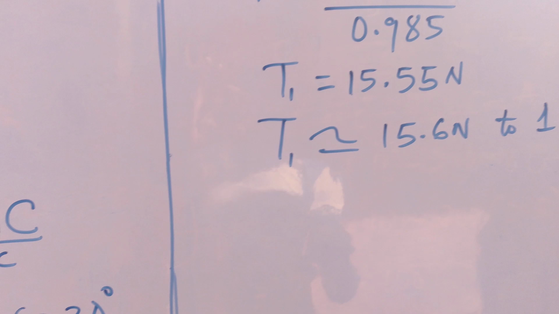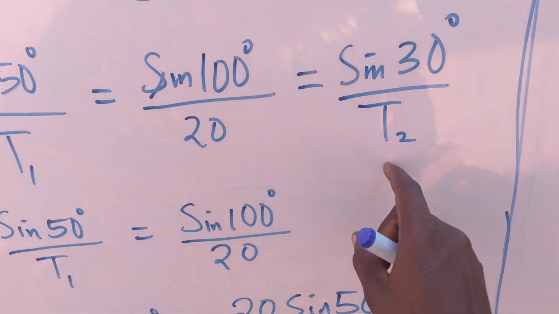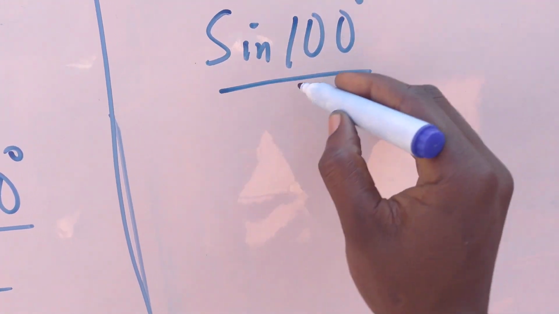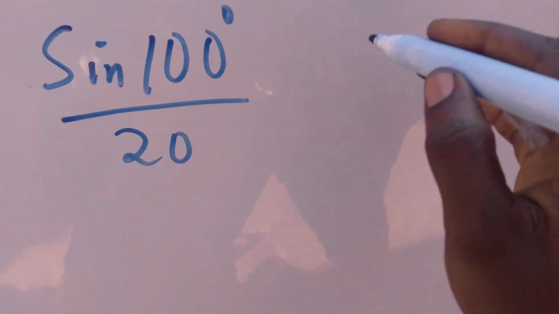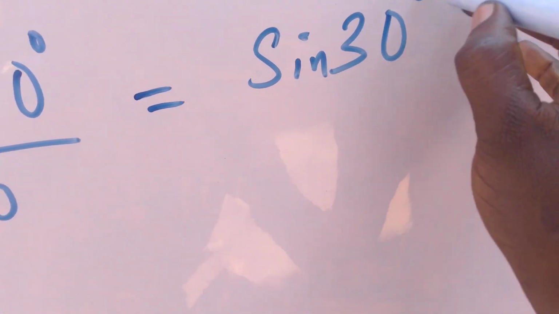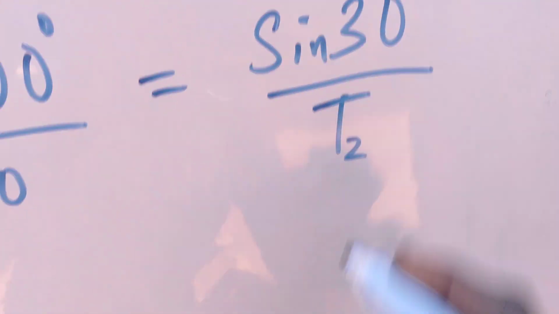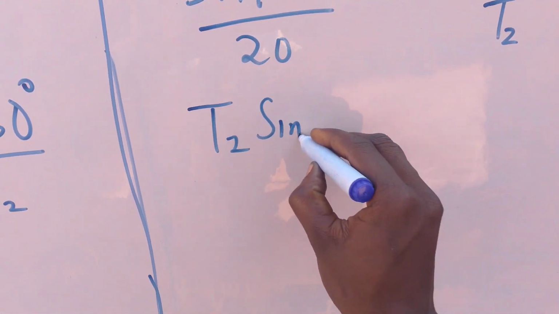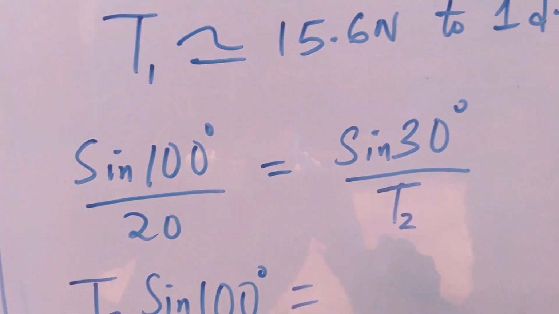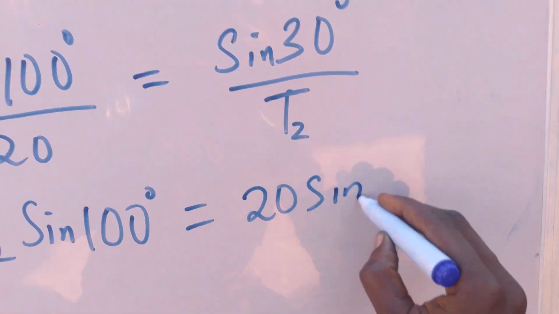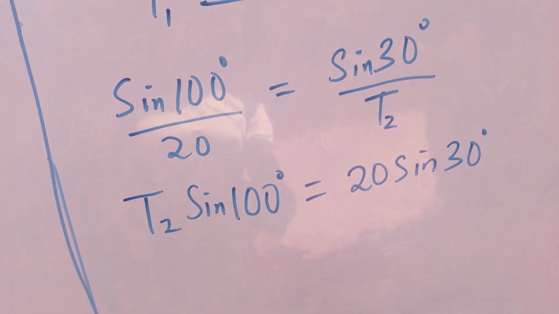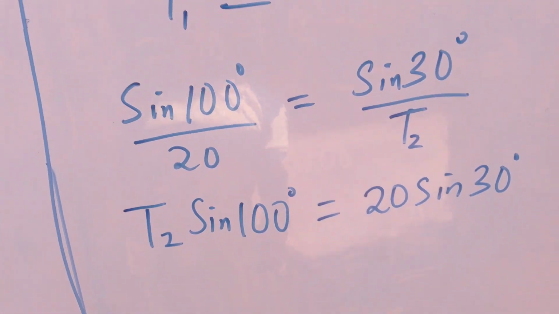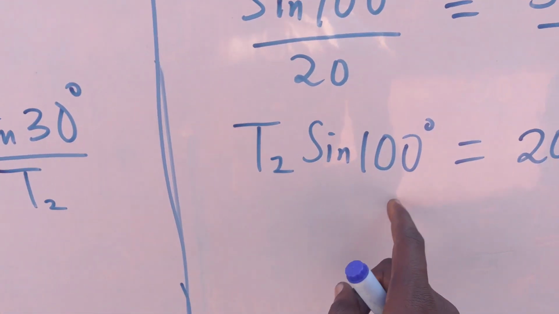Then let's compare the second one, to find T2. Sine 100 degrees over 20 equals sine 30 degrees over T2. Then cross multiply. Now we have T2 sine 100 equals 20 sine 30 degrees. Then I divide by the coefficient of T2, which is sine 100.